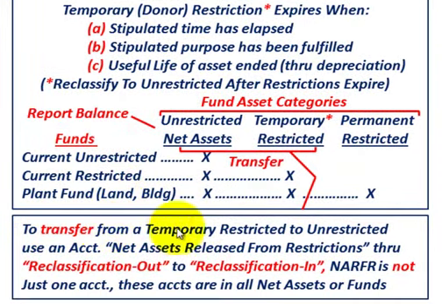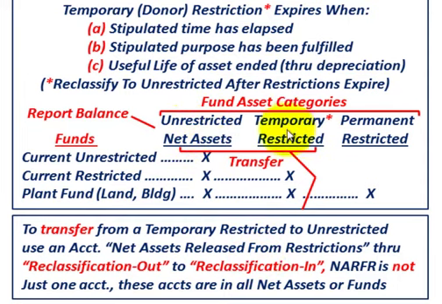To transfer from the temporarily restricted to the unrestricted net assets accounts, you're going to have some accounts set up as net assets released from restrictions. That account includes setting up a reclassification out of the temporarily restricted asset when the stipulated purpose has been fulfilled or time has elapsed, and it's going to go into a reclassification in the unrestricted net assets.